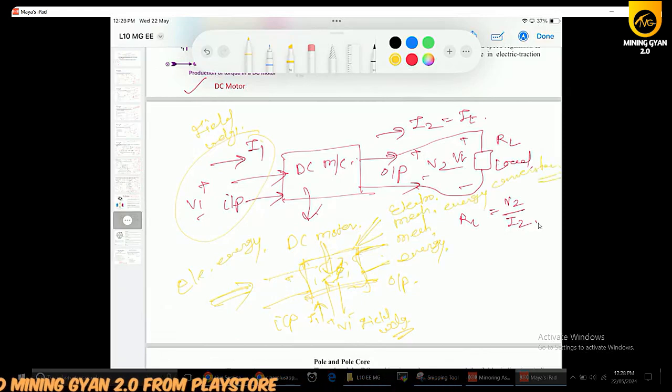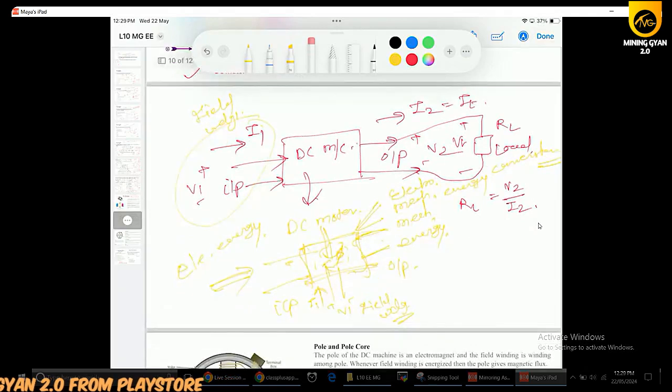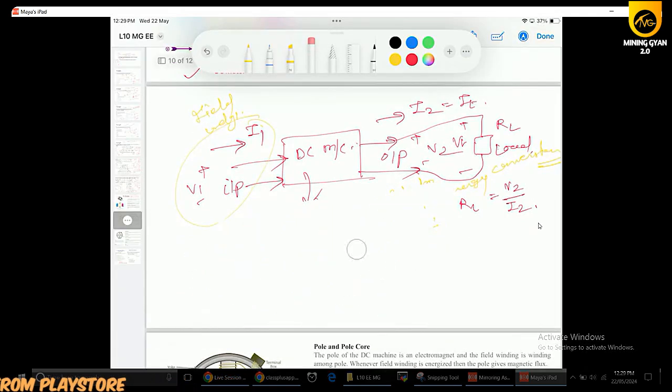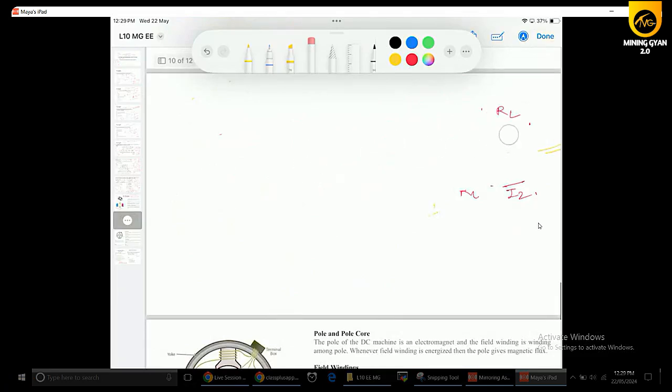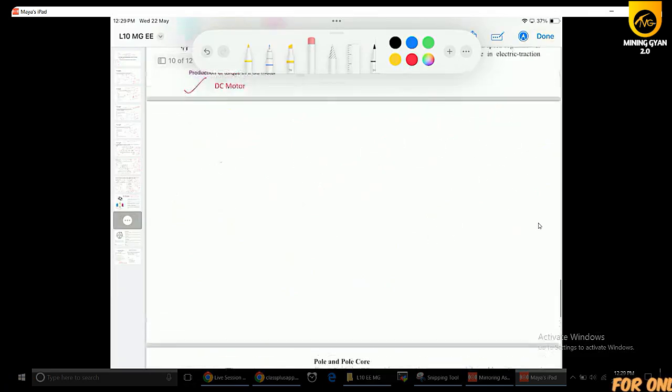Or machine. But in case of a generator, the generator will generate the electric form of energy.